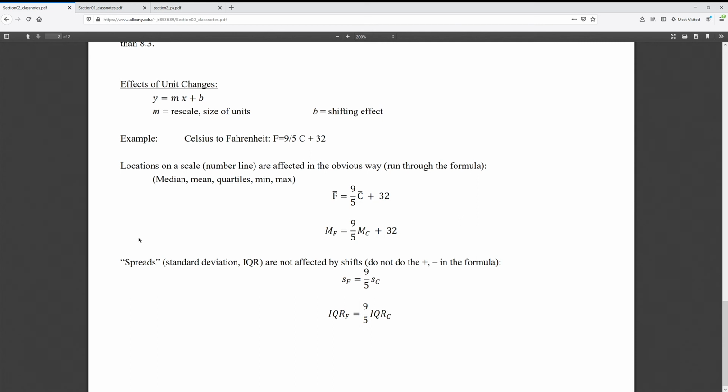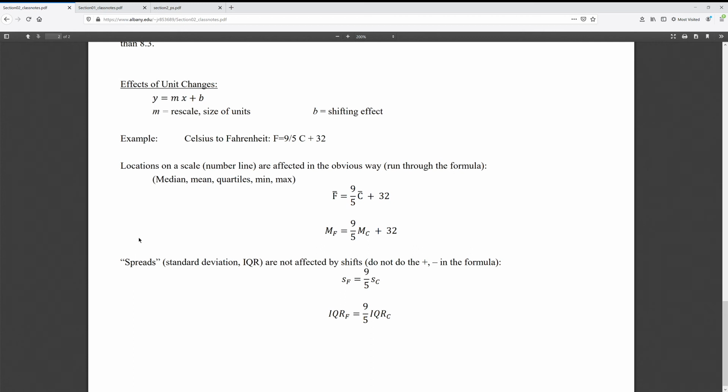But also 0 in and 0 out are not the same. 0 in Celsius is 32 in Fahrenheit. That's freezing. 0 Celsius or centigrade is freezing. 32 Fahrenheit is freezing. So 0 in, 32 out. You don't have 0 in, 0 out.